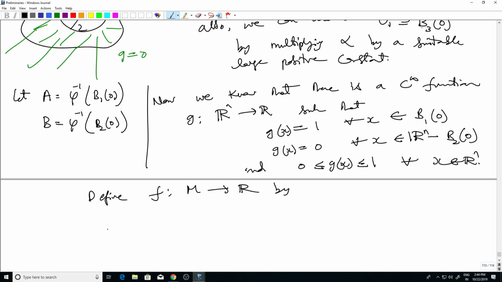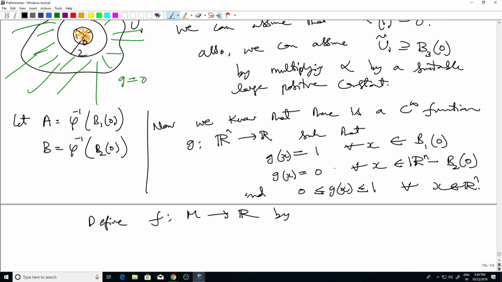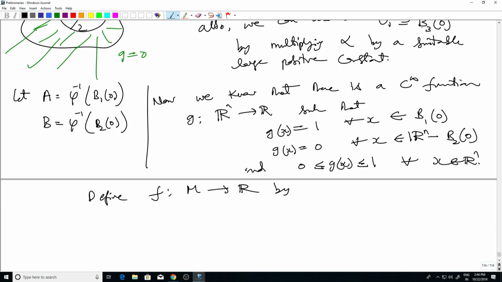Then I define f from M to R by f of x equals. So the idea is simple. If my x belongs to this U tilde, then I'll just use this function g via the map alpha.